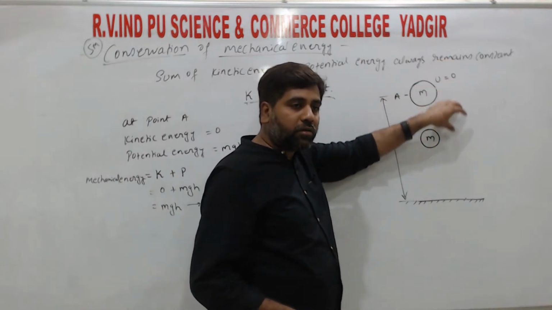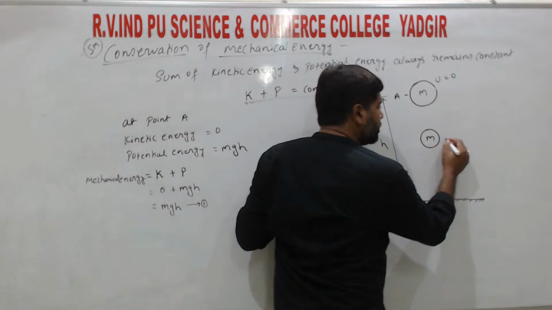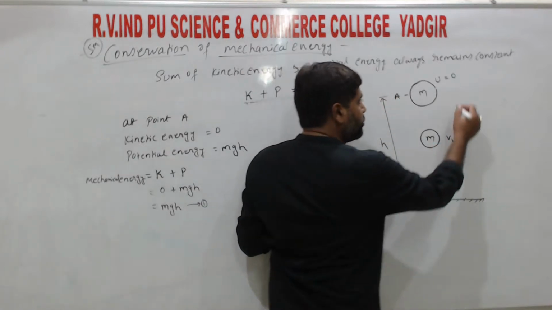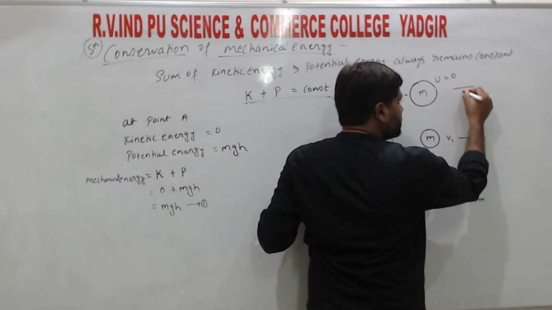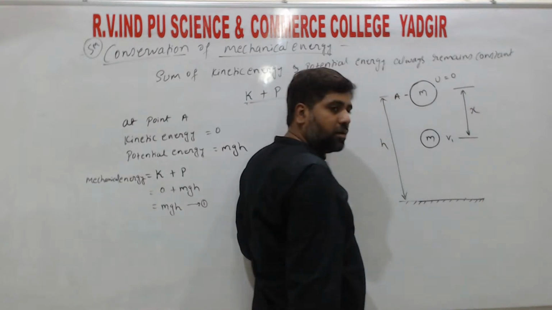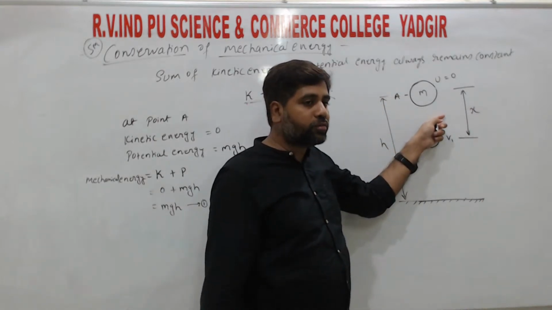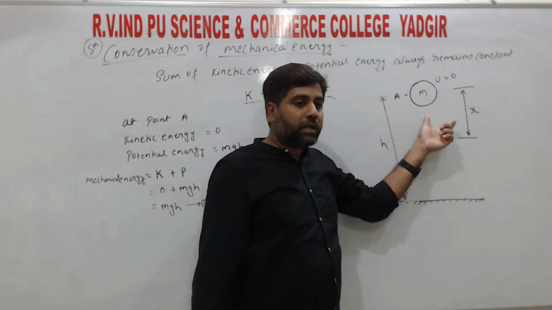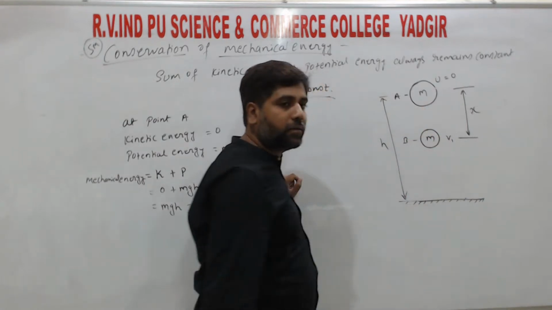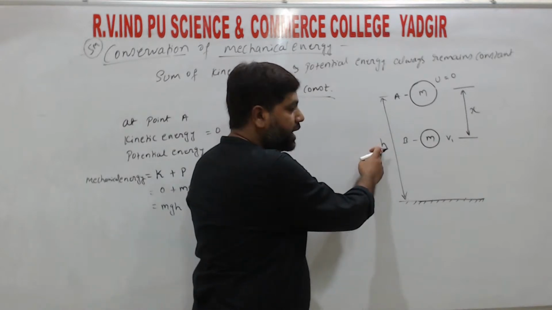From 0, it gains some velocity. We take that velocity as v1, right? It covers some distance, but we do not know how much, so we take that distance as x. x is the distance covered by the object after a certain time t, and it reaches position B, right? Here we have the total height h.